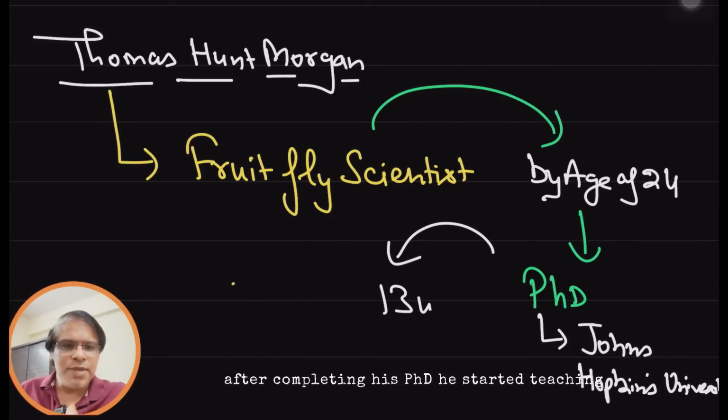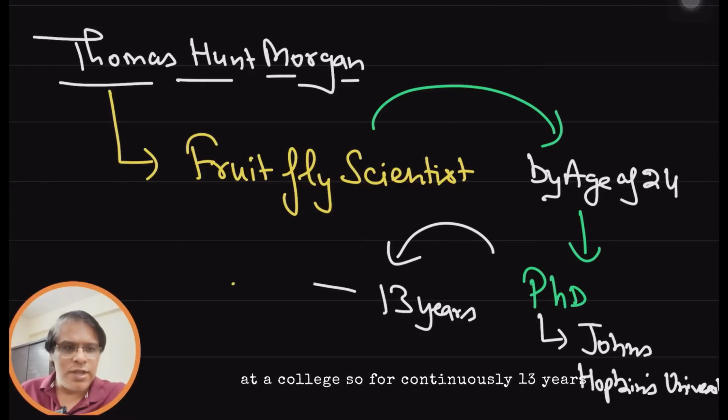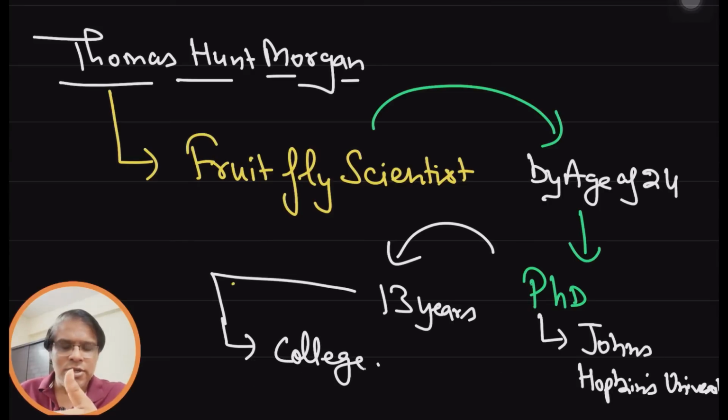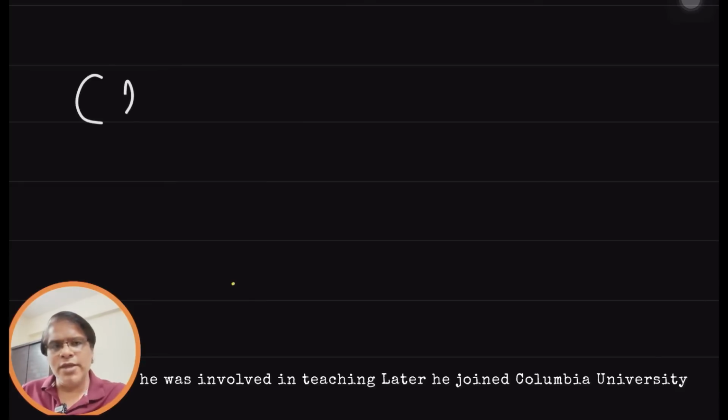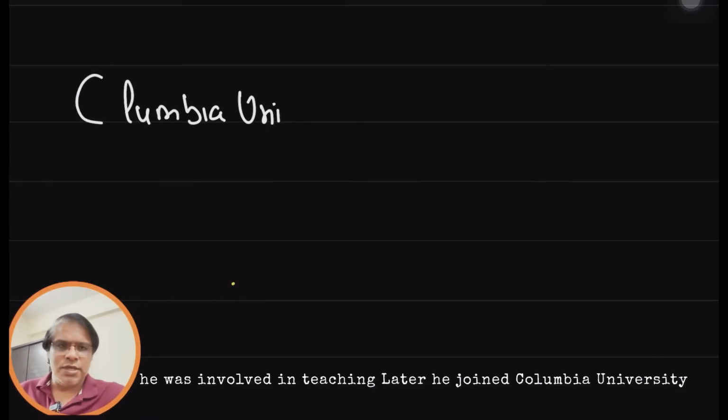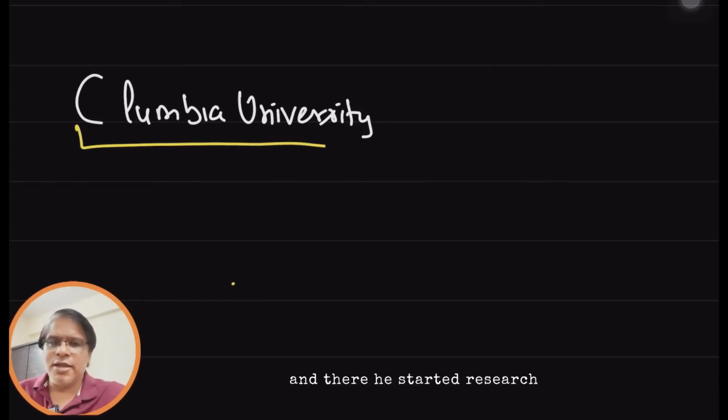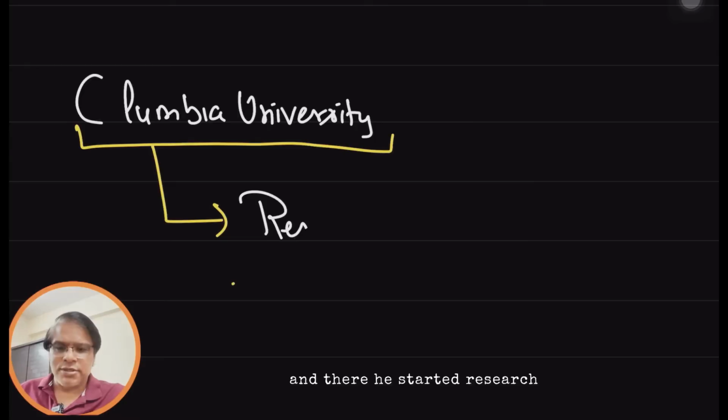After completing his PhD he started teaching at a college, and for 13 continuous years he was involved in teaching. Later he joined Columbia University and there he started research.